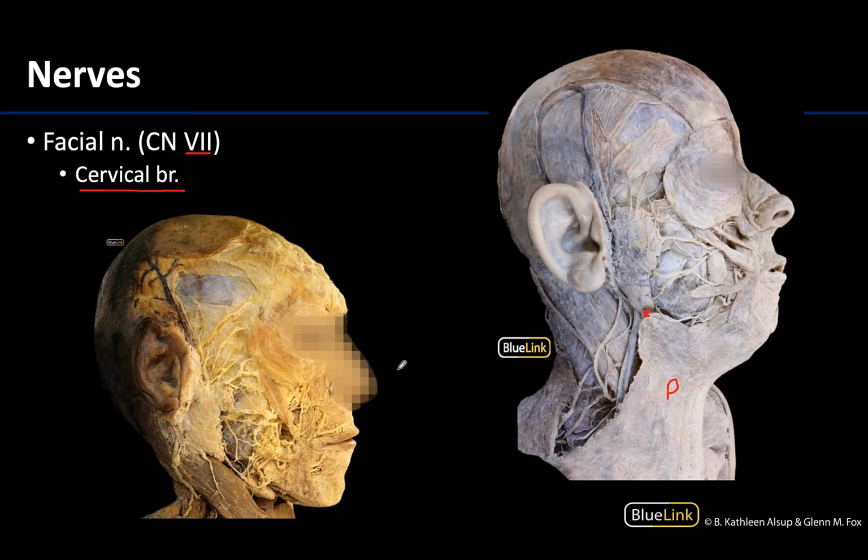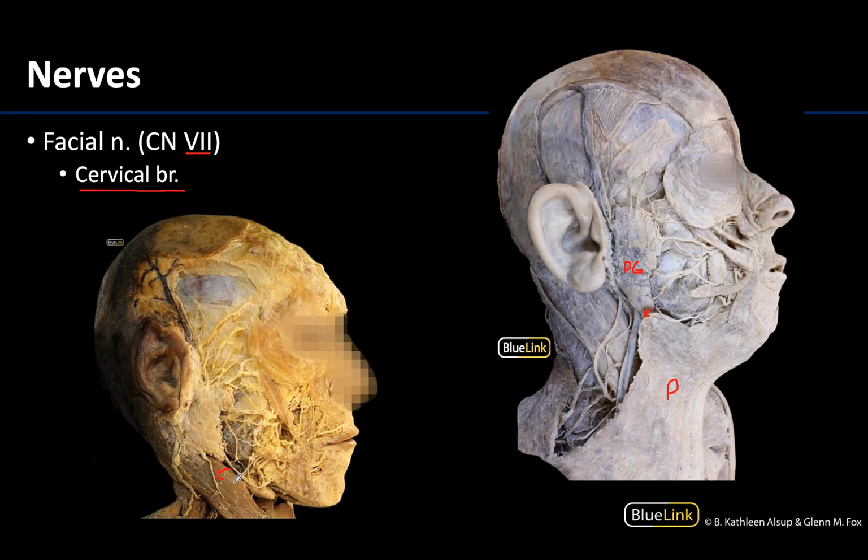Most of the facial nerve branches that innervate muscles of facial expression look like they are emerging from the parotid gland. So here again is that parotid gland. You can only see a very small portion of it before it dives deep to the platysma. But since the platysma has been removed in this particular image, you can see it a little bit better here.